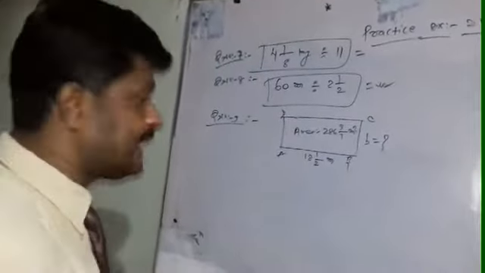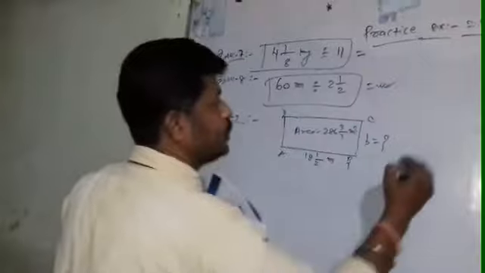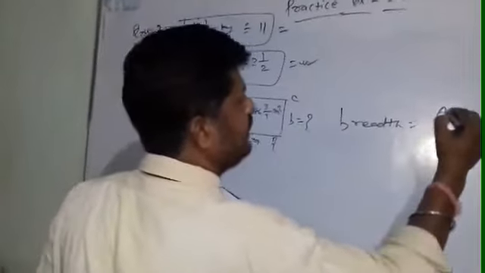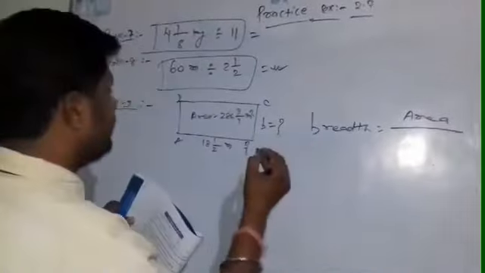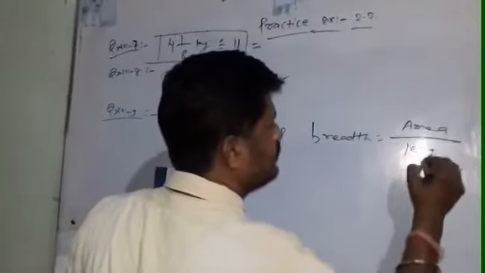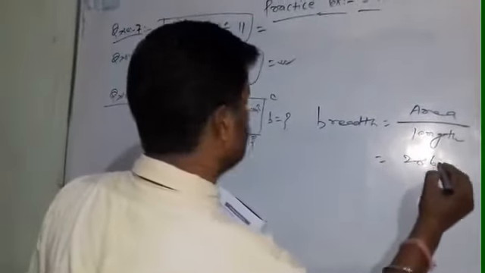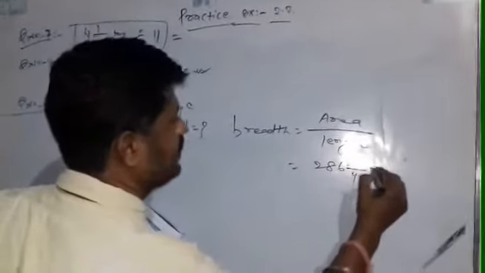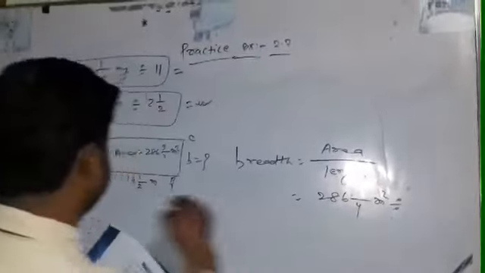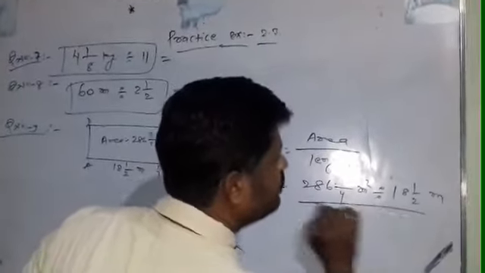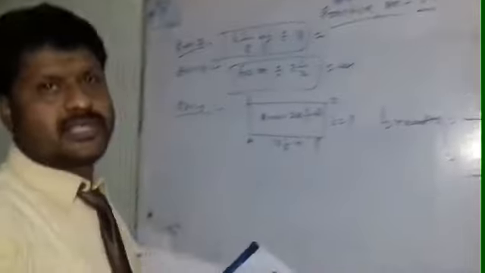You know very well that breadth is equal to area by length. And when 286 whole 3 by 4 meter square is divided by 18 whole 1 by 2 meters, then you will get your answer. Clear?